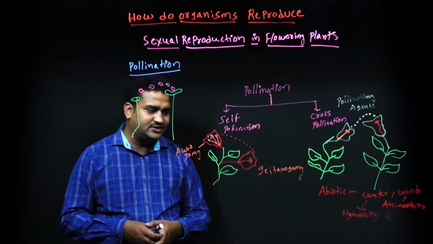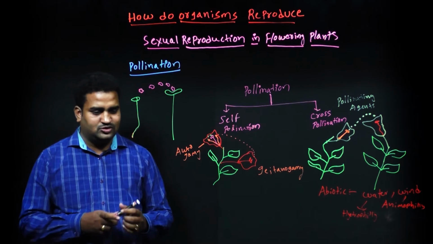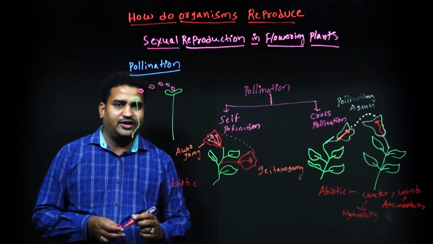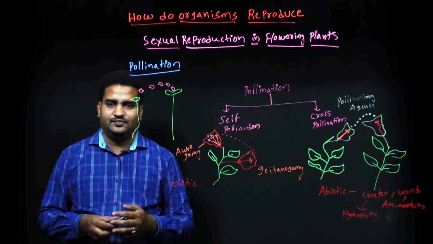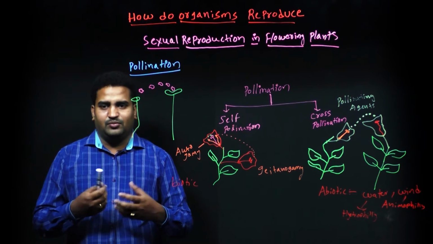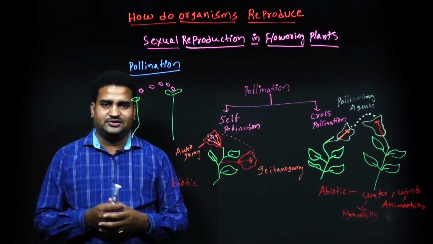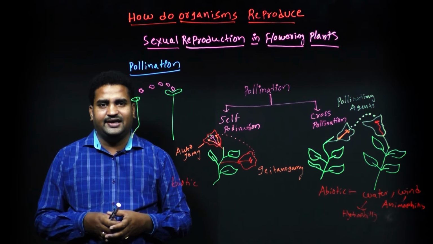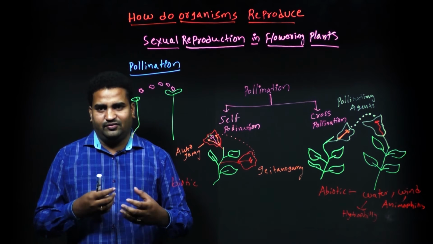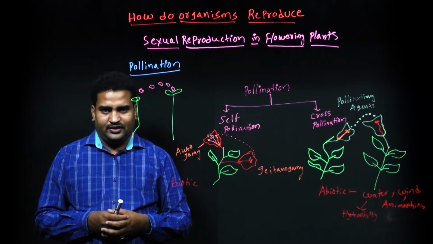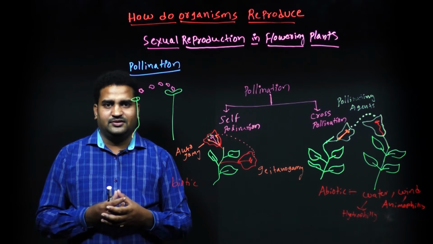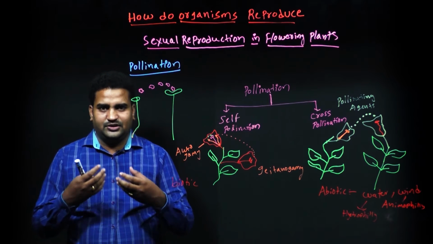Right. Now let us understand biotic factors. Biotic pollinators are living. Biotic factors include insects, birds, and some other animals. These animals, mainly insects, are attracted by the nectar given by the flower. So they land on the flower, and the pollen grains, which are yellowish in color, stick to their body.